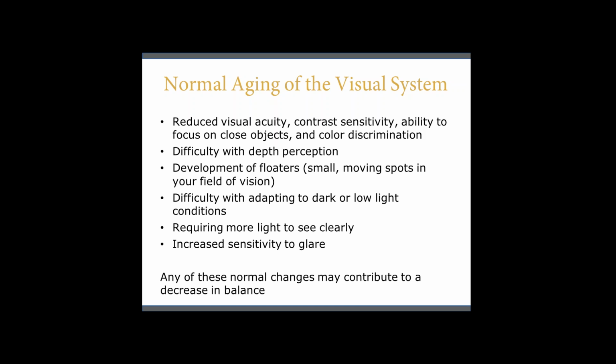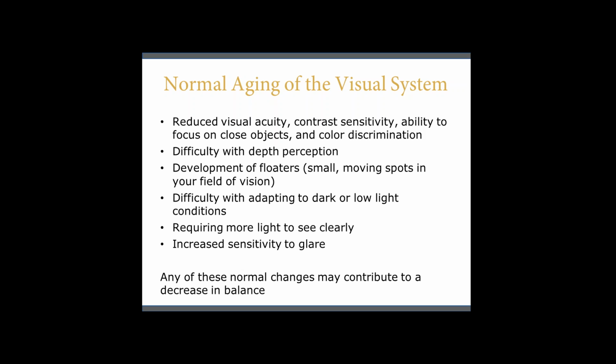Also, the other thing in terms of visual changes that is really important to prevent falls is that the pupillary constriction and dilation time is slower. So when older adults are outdoors and their pupil is constricted because of the bright sunlight, and then they come inside and it's the middle of the afternoon and it's slightly darker indoors, their pupil just takes longer to dilate than it used to when they were younger.